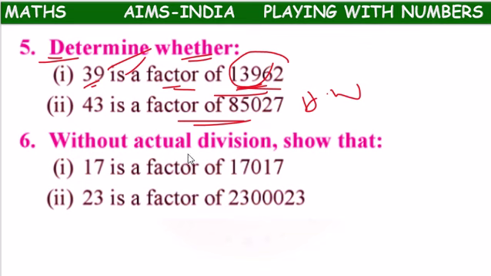Next, without actual division, show that this number is a factor of this number. 23 0 0 23. I'll do this one.